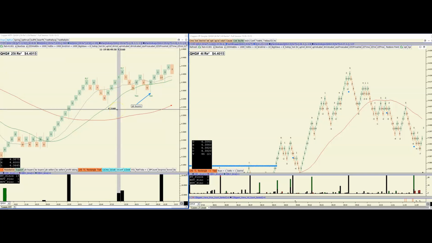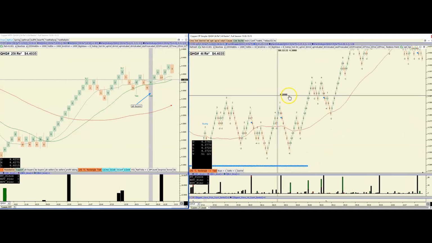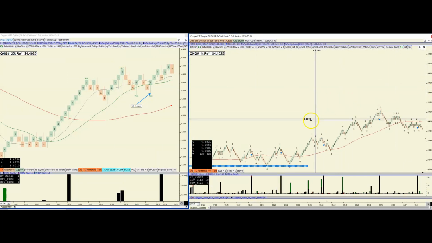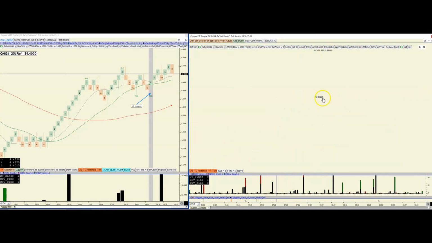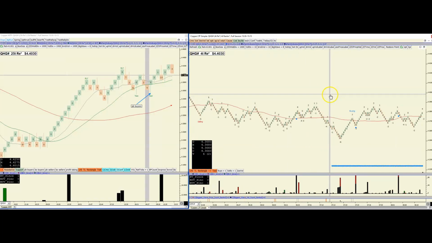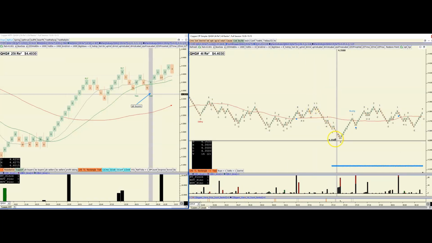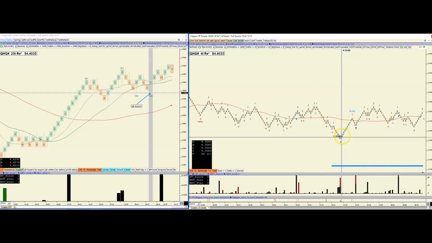So let's take a look at a couple of key trades on the lower time frame, and I'll show you. First of all, when the market came into this area of testing, what happened?